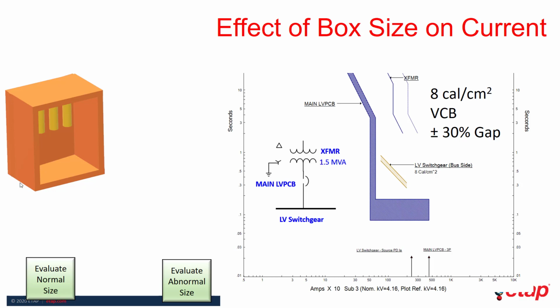As we can see in this particular case, the box size and the electrode arrangement are very similar to our VCBB configuration. Therefore, the C area curve that we see here representing an 8 calorie per centimeter square reference point is easily cleared by the main low voltage power circuit breaker. Therefore, the result of this evaluation would be a pass because the upstream protective device protecting the low voltage switchgear would clear the fault from maximum to minimum range of this particular C area plot.